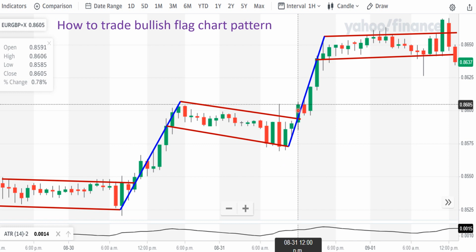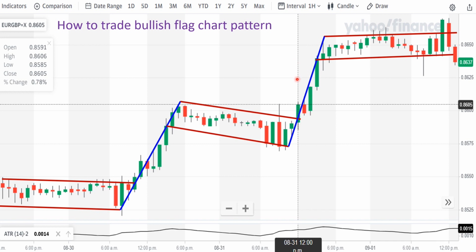So there are two methods that I can use to enter the trade. The first one is I use 2 ATR below the close price for stop loss and 4 ATR above the close price for profit target. This way you get a 2-to-1 reward risk ratio.